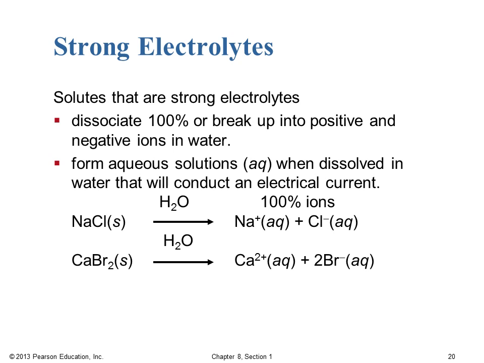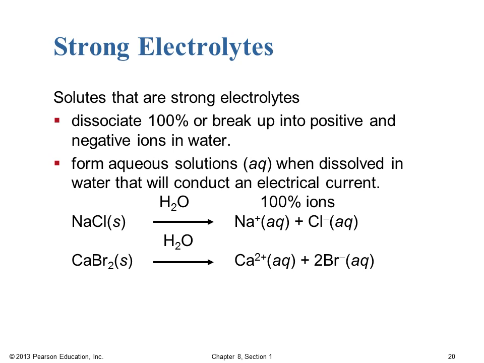So solutes that are strong electrolytes dissociate and separate into ions 100%. All you will have is positive and negative ions in water. This typically happens with salts, or ionic compounds. The solid dissolves and dissociates into aqueous solution.